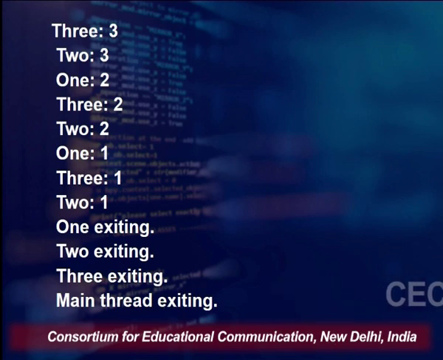Now, why is it all happening in such a way? Because we have not given anything to be done inside the main thread especially, and also the main thread is sleeping for 10,000 units of time, or 10,000 milliseconds.